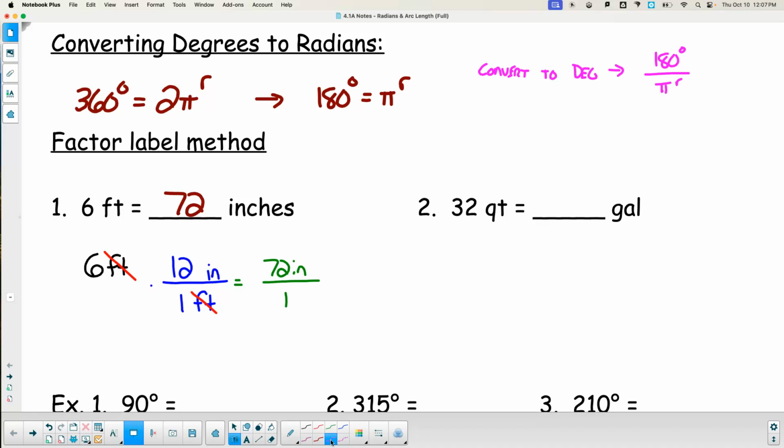If you're converting radians, then it's pi radians over 180 degrees. That's going to be this blue fraction that you use to convert.